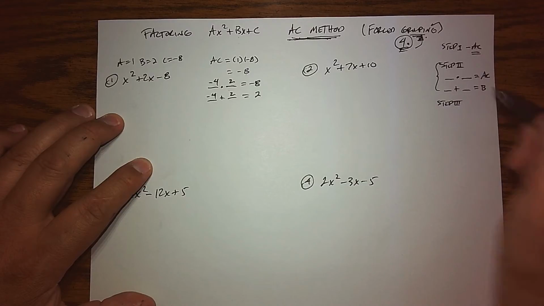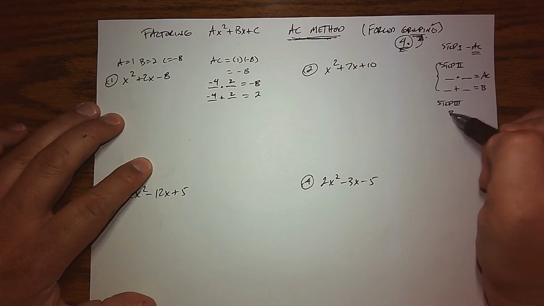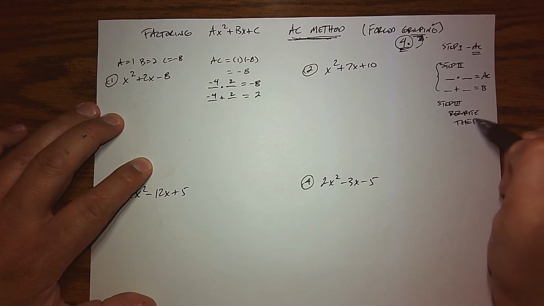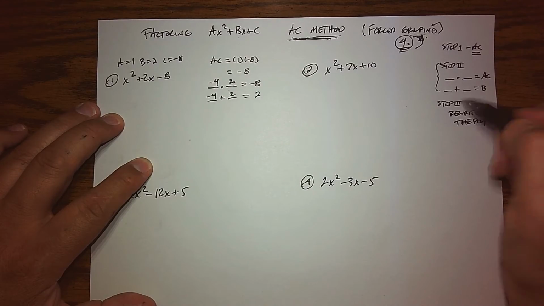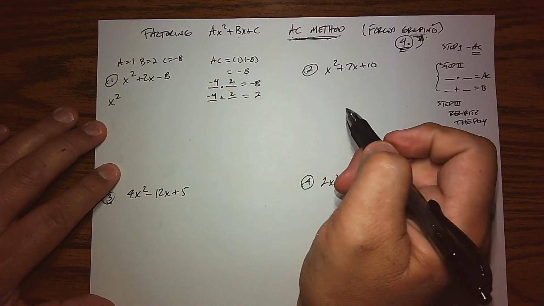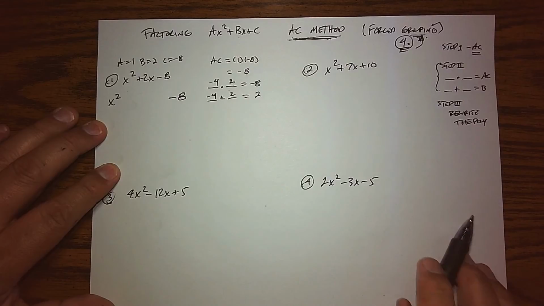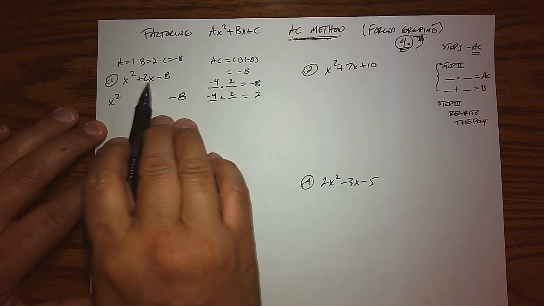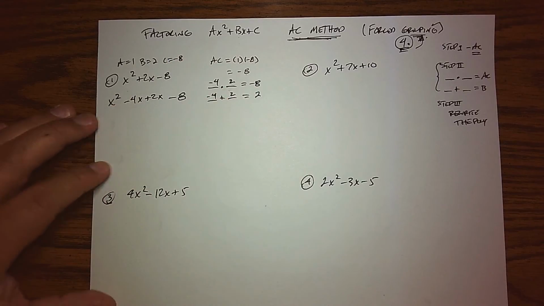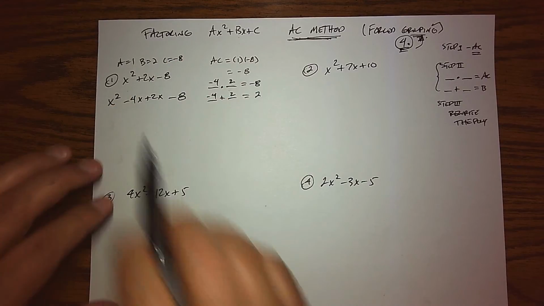Once you've done that, the third step is to rewrite the polynomial with the numbers that you just created. I'm going to leave the first term alone, and I'm going to leave the last term alone, but we're going to rewrite the middle as negative 4x plus 2x. A couple of pathways we can go here.